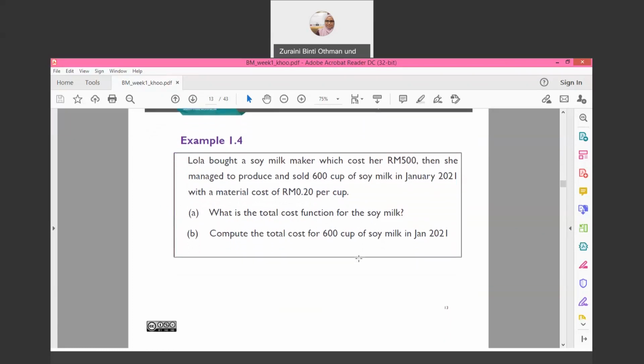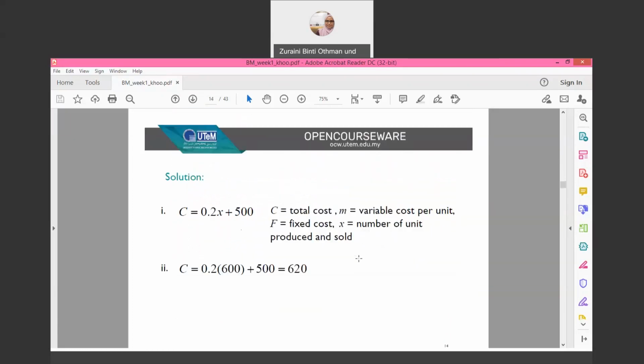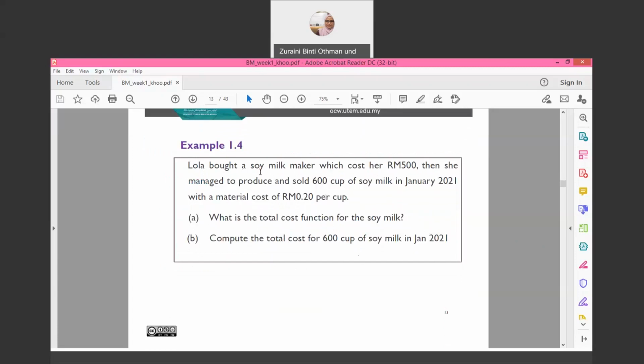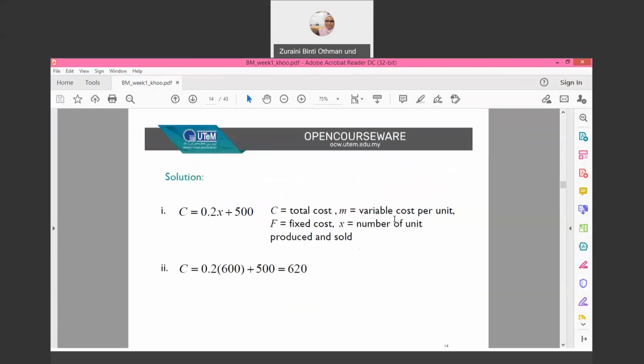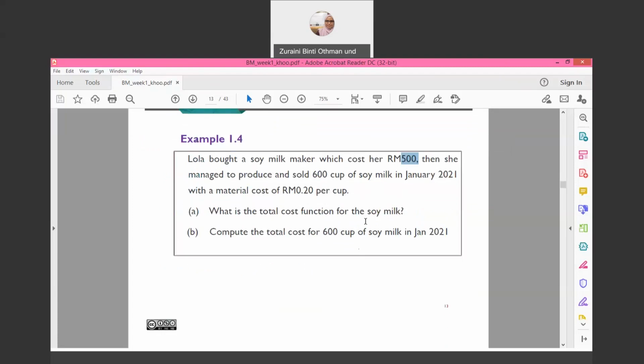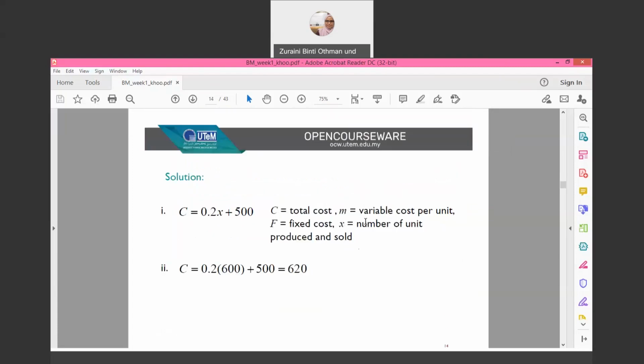Okay, so when we look at the solution here, dia kata 1 cup tu 0.2. So the basis tu, Lola bought which cost her, the basis is 500. The basis is 500 kan? Okay, so sekarang what is the total cost function for the soy milk?